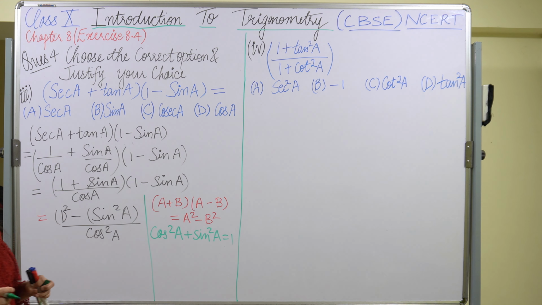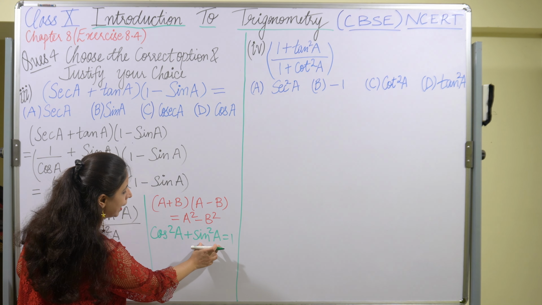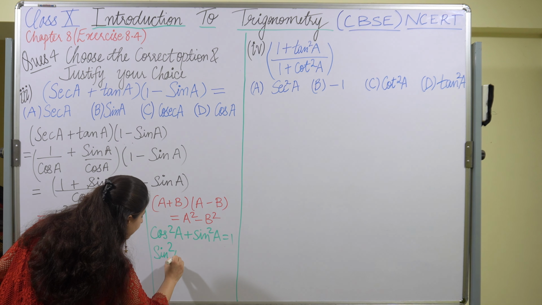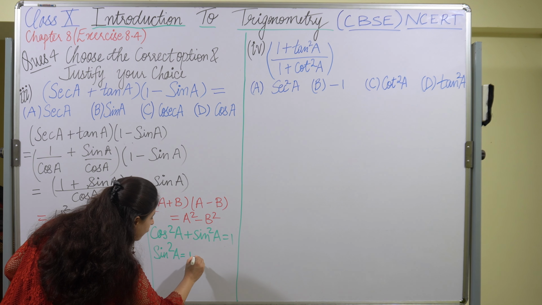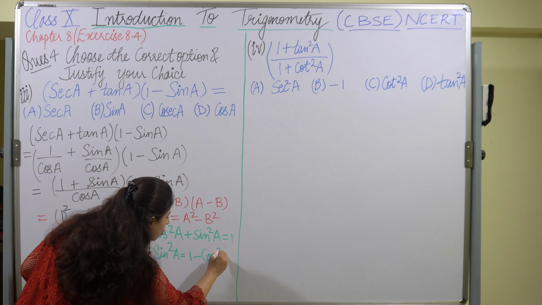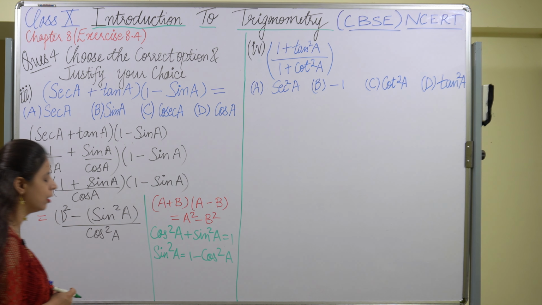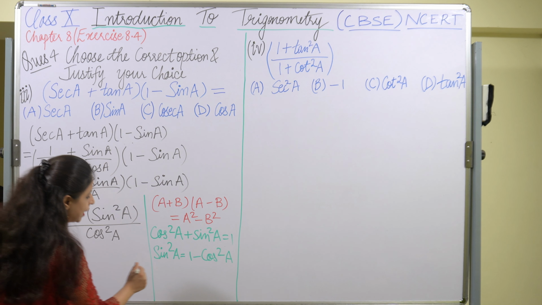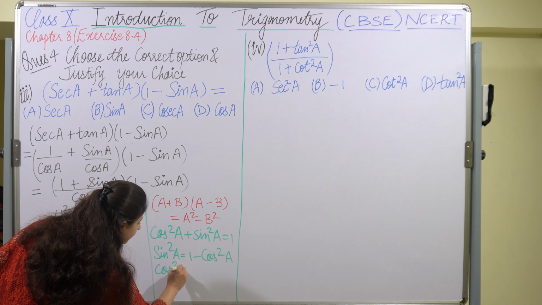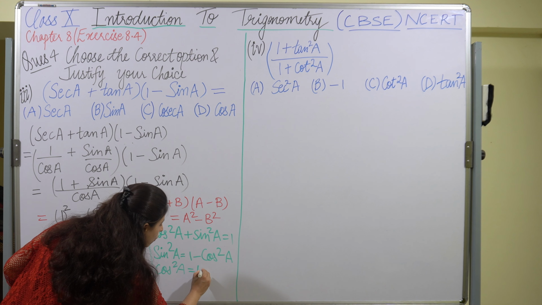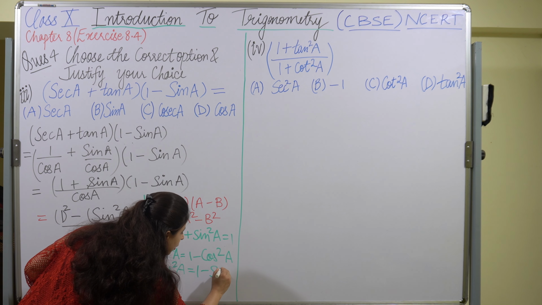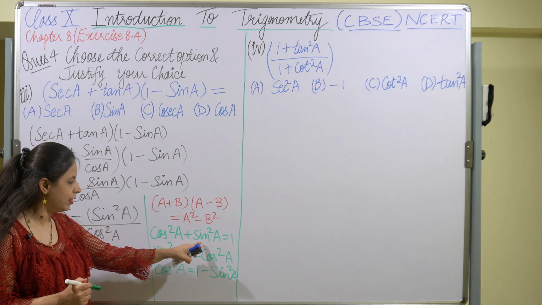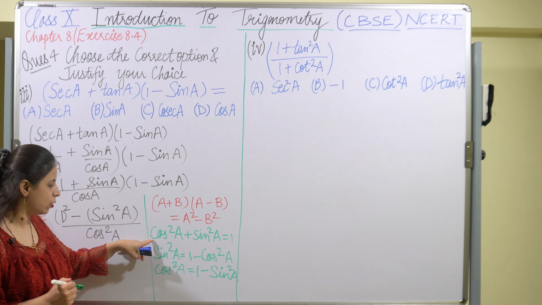So from here sin square A will be equal to 1 minus cos square A, or you can say cos square A will be equal to 1 minus sin square A. From this identity we can find the sin square A value or cos square A value.